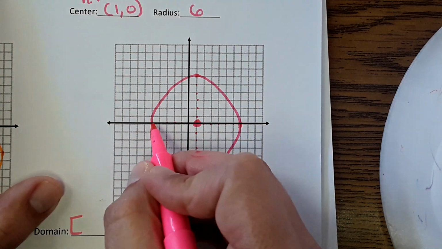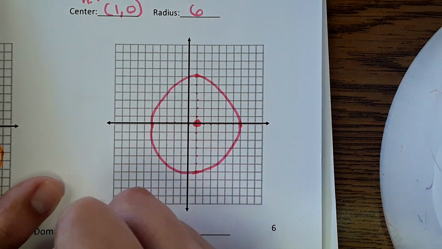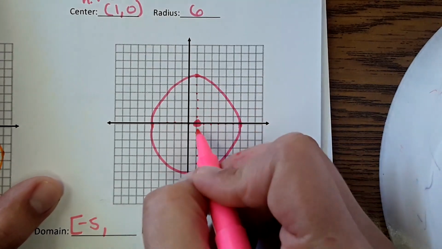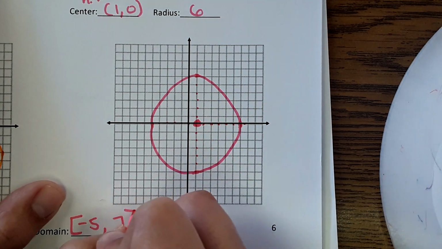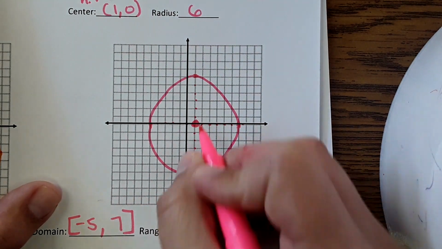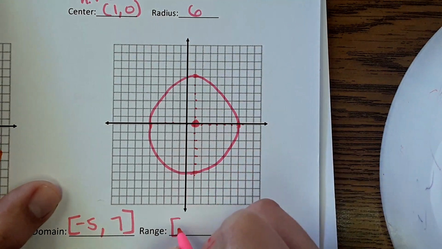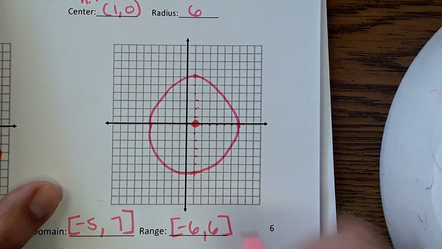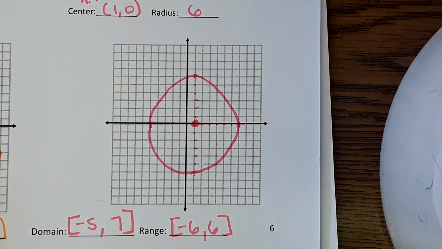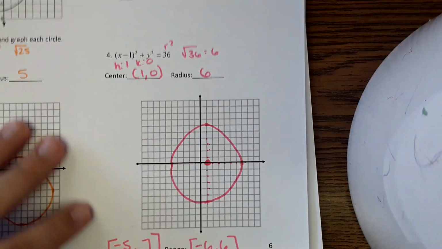Then domain, the lowest x value is -5 and the highest is 7. Then range, next page.